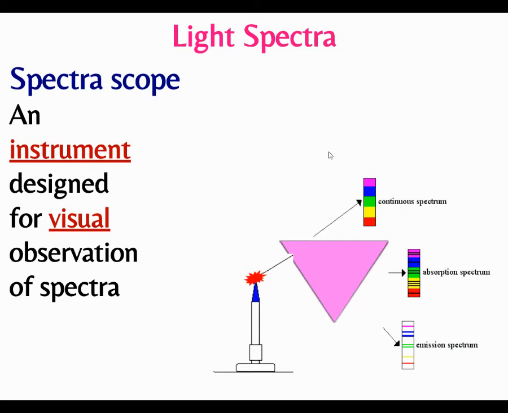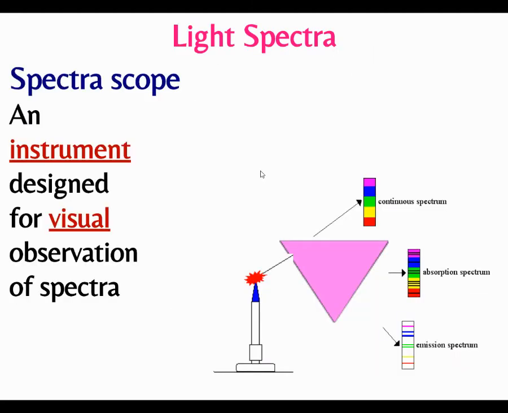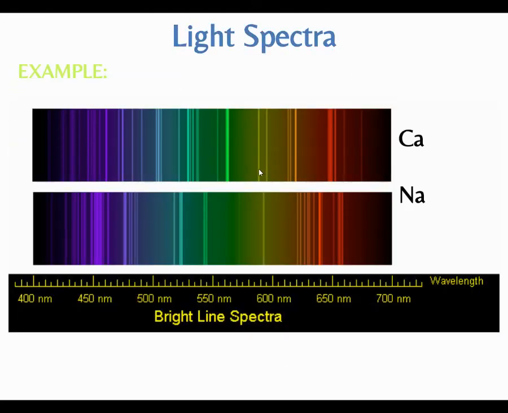A spectroscope is an instrument designed for this visual observation. The light spectra is what we are focused on. For example, when we look at a spectra, we would see that calcium has this specific frequency and sodium has this one.